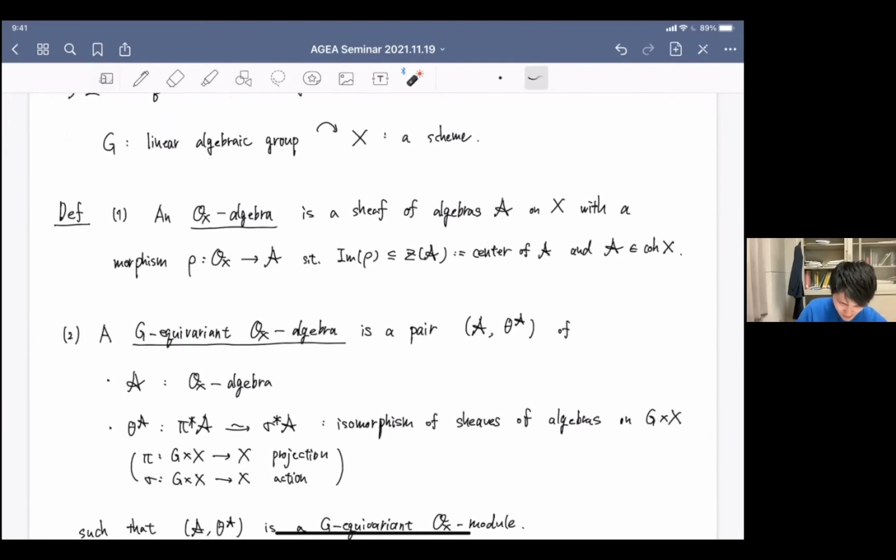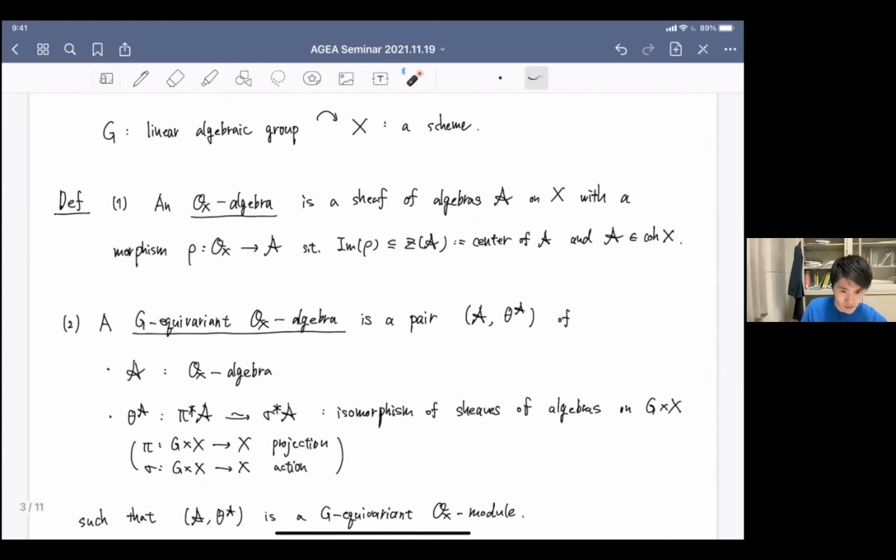And a G equivariant OX algebra is a pair A, theta A, where A is an OX algebra and theta A is an isomorphism of sheaves of algebras on G cross X. Here pi is the projection and sigma is the G action.